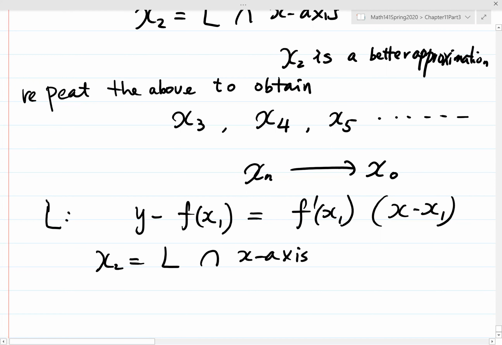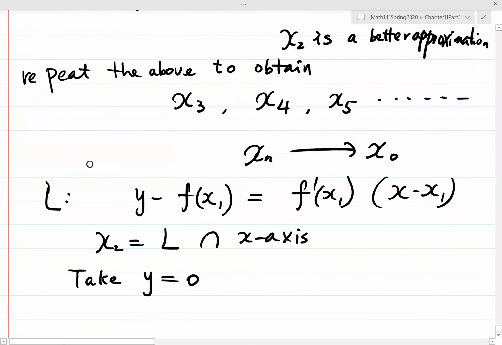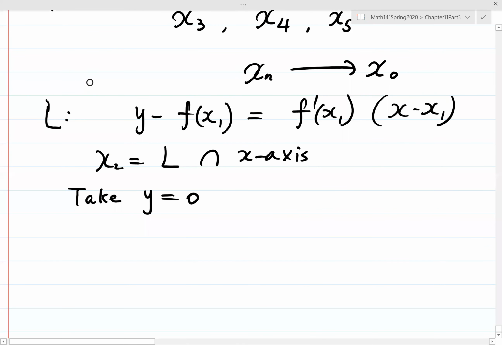On the x-axis, the y value is 0. So we take y to be 0, then solve for x.